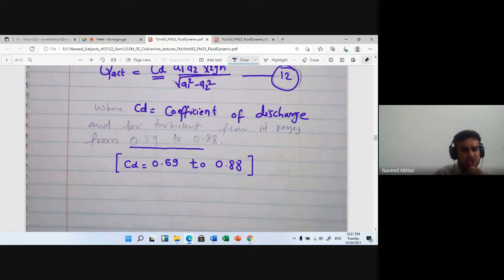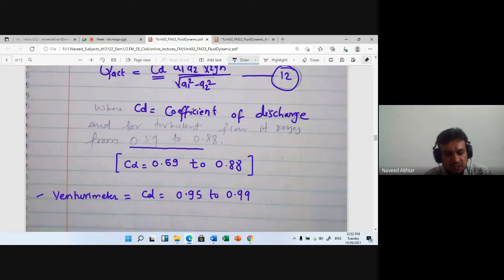In case of venturimeter, where we are using the convergence and divergence, the CD value ranges from 0.95 to 0.99. This we have seen. Okay, this study.